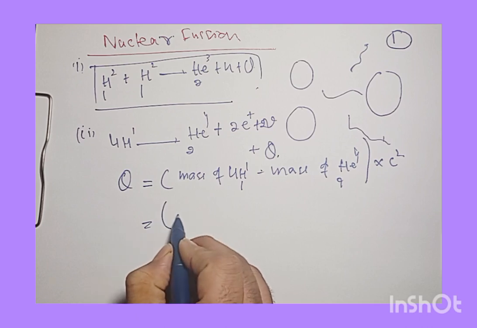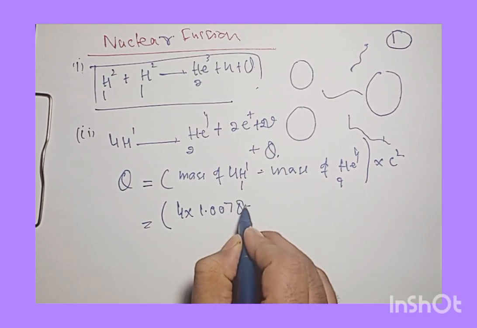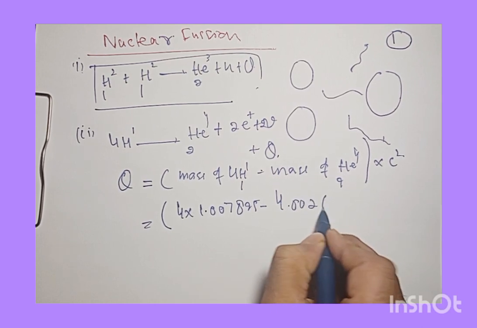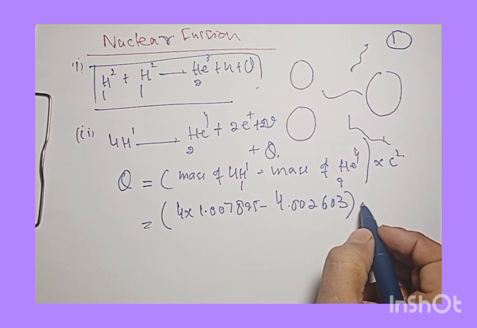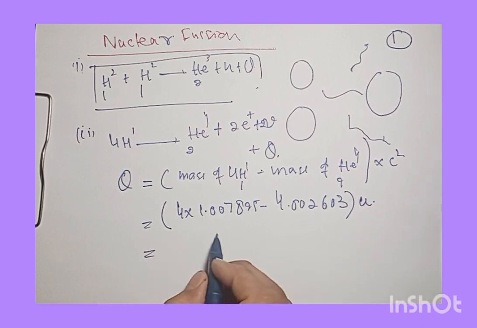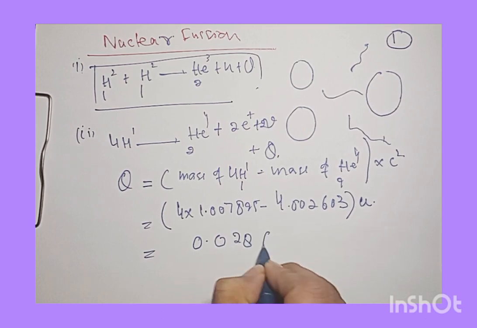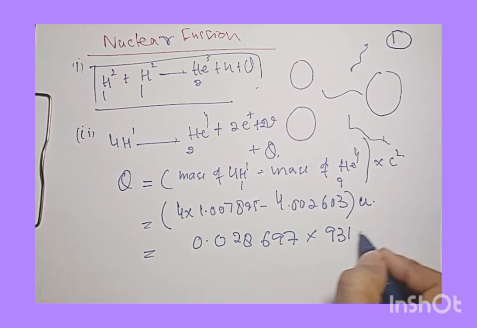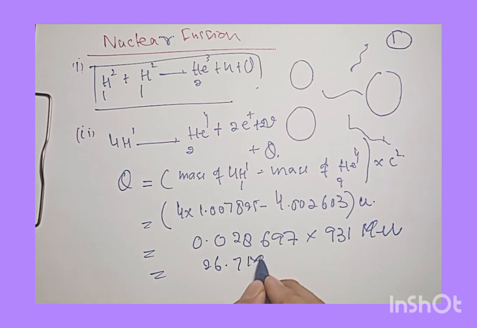Taking the values in atomic mass units, 4 times 1.007825 minus 4.002603 atomic mass units, we get 0.028697 times 931 mega electron volts, and this value comes out to be nearly 26.7 mega electron volts.